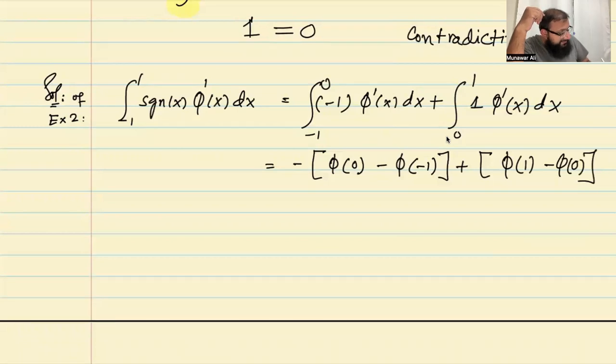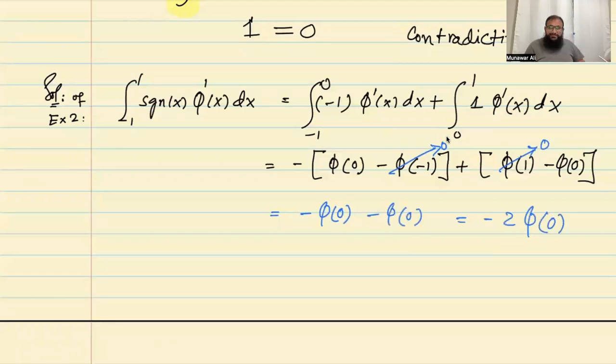You know very well, phi at -1 is 0 because it has compact support. Phi at 1 is also 0. So I'm left with negative phi of 0 and negative phi of 0, which becomes -2 times phi of 0. How can I write this?